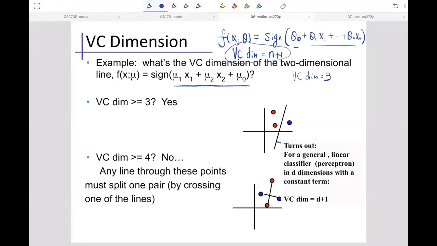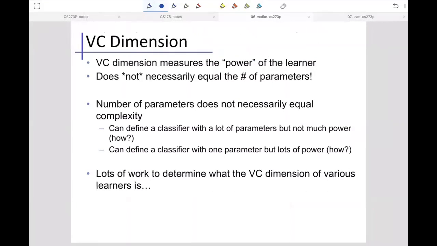However, in general, that is not true. The VC dimension does not necessarily equal the number of parameters. It provides you a measure of the power of the learners, how complex a type of decision boundary this learner can learn.